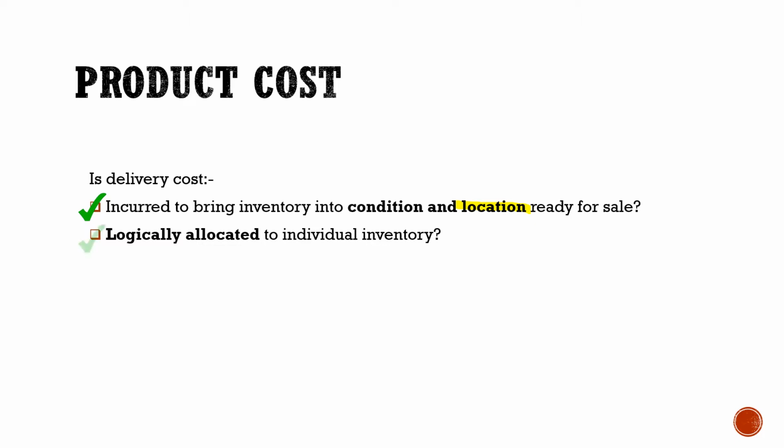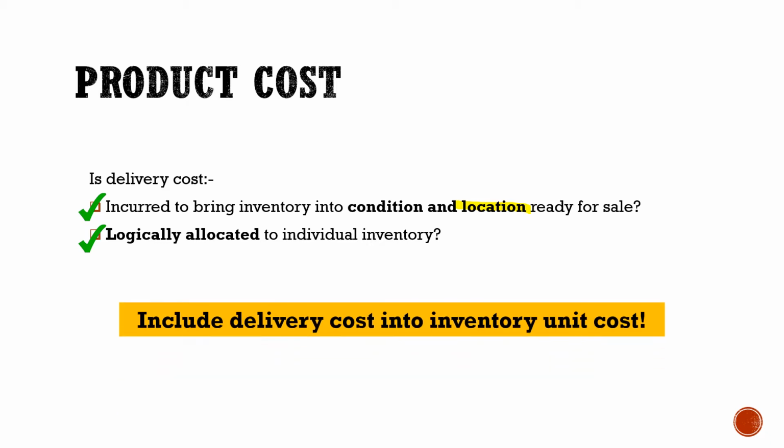In this case, yes, because the delivery cost of $500 was only for the 50 units that were purchased, we can easily divide the $500 by the 50 units to get the per unit cost of delivery. Therefore, we include the delivery cost into the inventory unit cost.